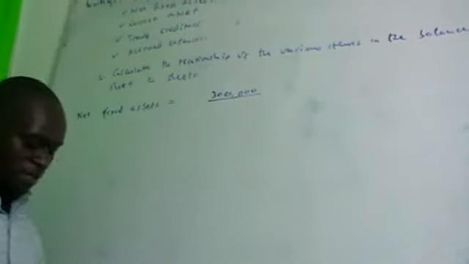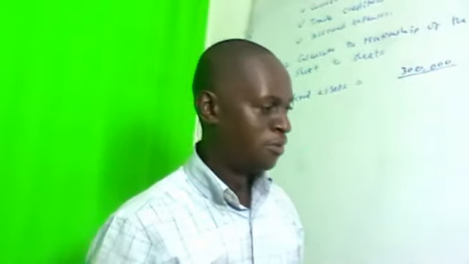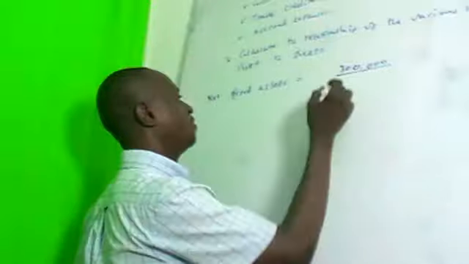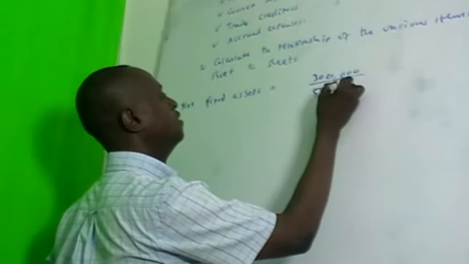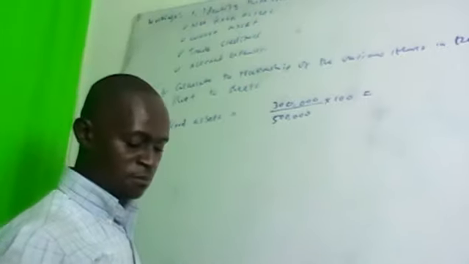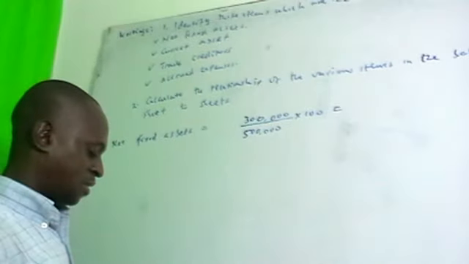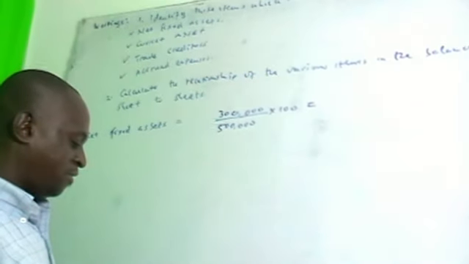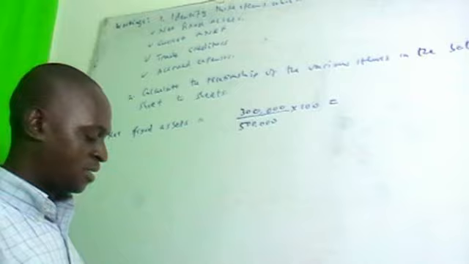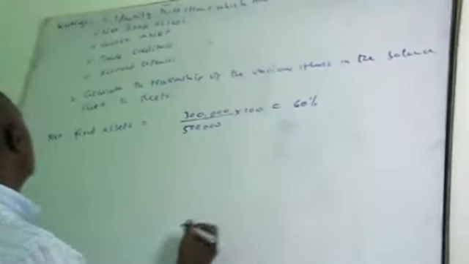Now sales for the year 2017 amounted to shillings 500,000. So we have here 500,000 multiplied by 100. Now this will give you, I hope it's 60, so this is 300 divided by 500 times 100%, that gives you 60%.